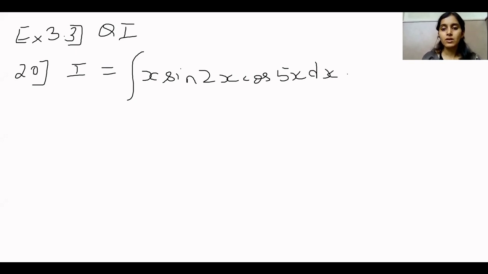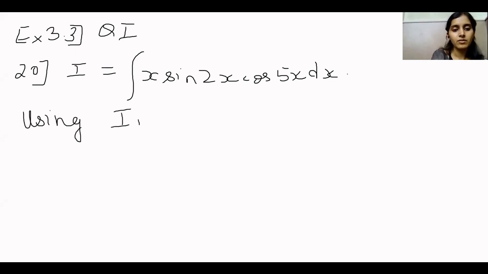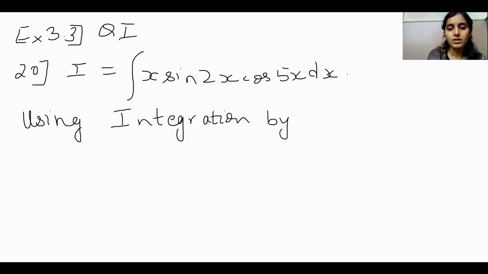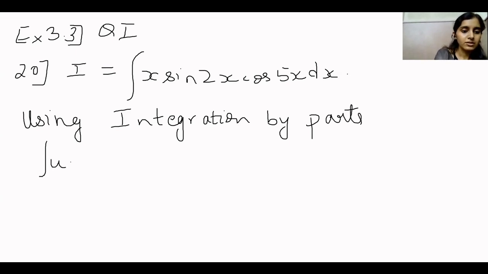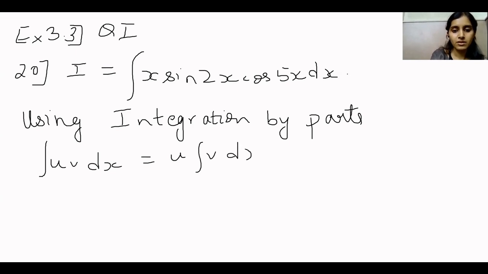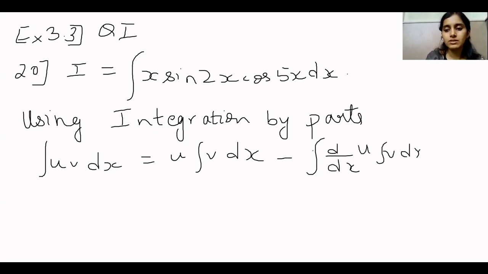Now if we are using integration by parts, what can we write? Integral uv dx is equal to u integral v dx, minus integration of d by dx of u integral v dx dx.